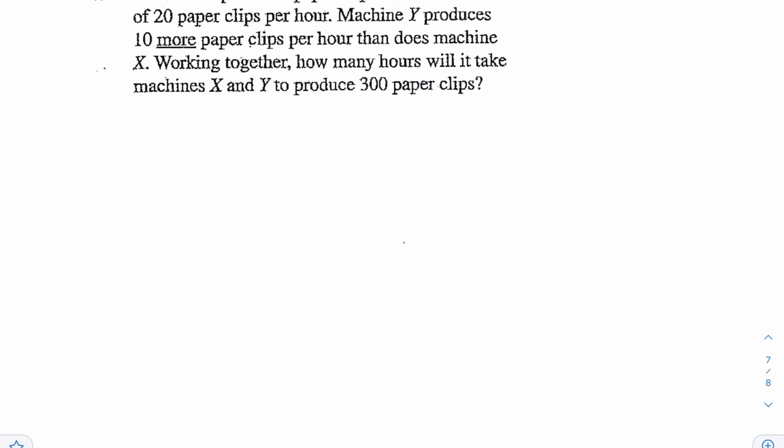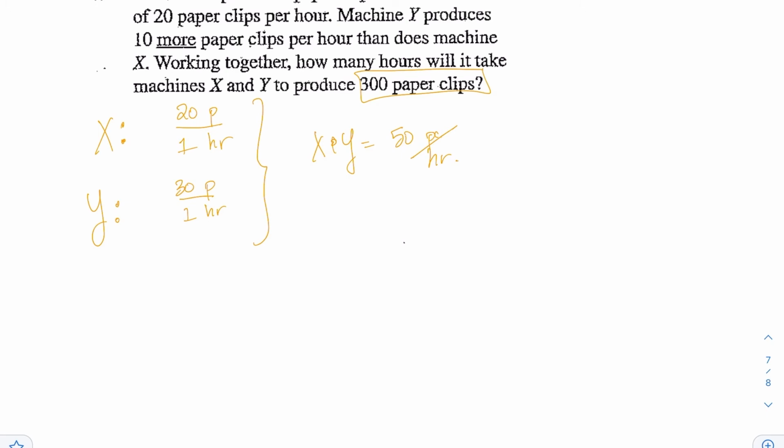So here, the key is that X makes 20 paper clips per hour, and then Y makes 10 more paper clips per hour, so that's going to be 30 paper clips per hour. If they work together, X and Y will make 50 paper clips per hour.